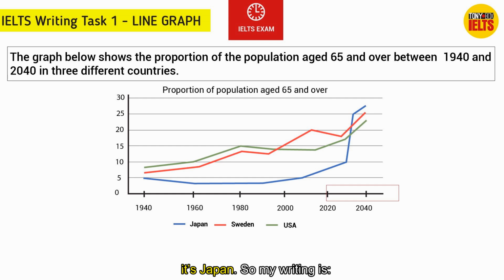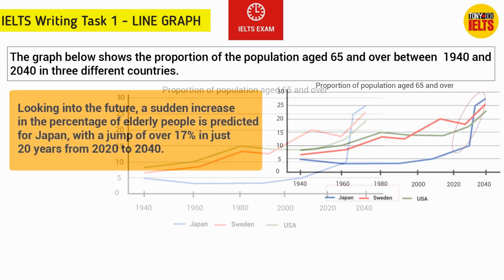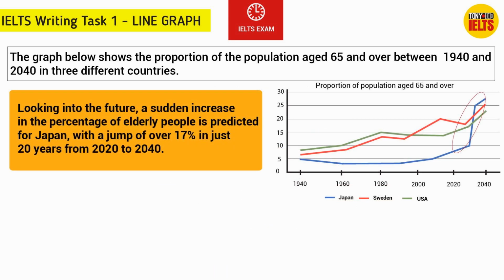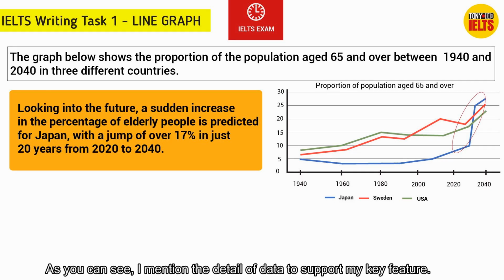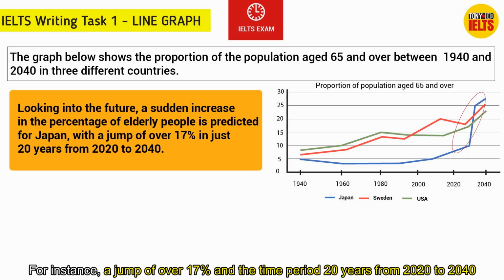So my writing is, "Looking into the future, a sudden increase in the percentage of elderly people is predicted for Japan, with a jump of over 17% in just 20 years, from 2020 to 2040." As you can see, I mentioned the detail of data to support my key feature. For instance, a jump of over 17%, and the time period of 20 years from 2020 to 2040.